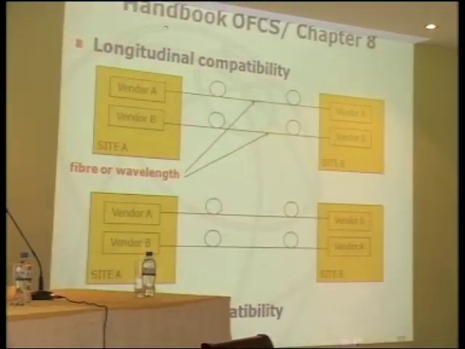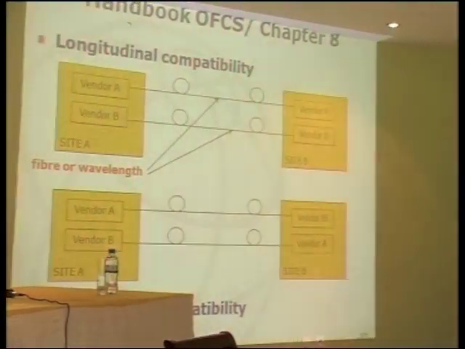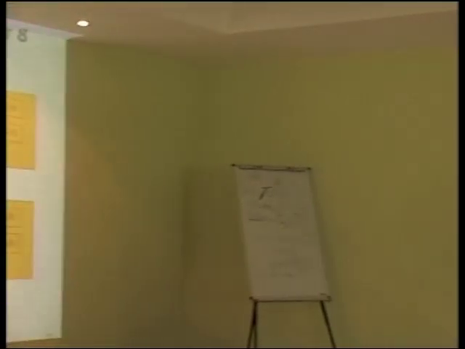I have a set of parameters, but I am sure that by buying systems with the given application code, we will insist in a moment on the meaning of application code, I will satisfy the requirements from any vendor I buy the system from. This is longitudinal compatibility.